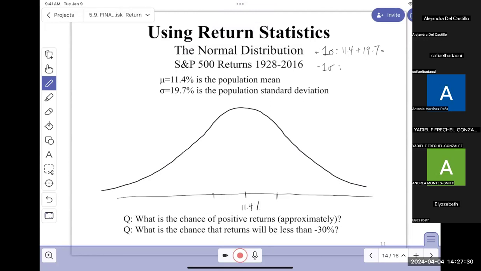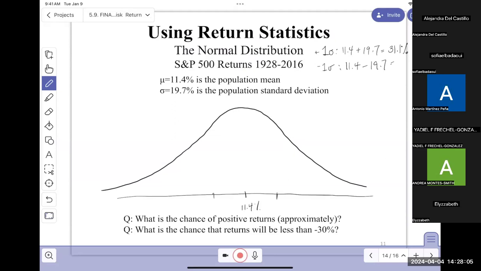What about minus sigma? Okay, so it gives you on the positive side 31.1, and on the negative side negative 8.4.